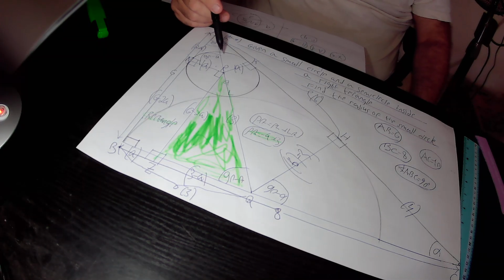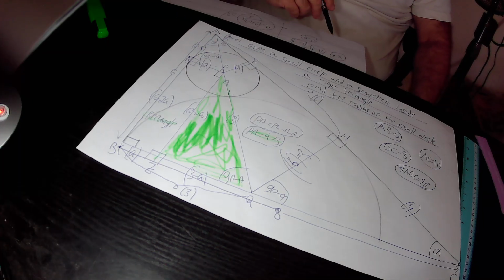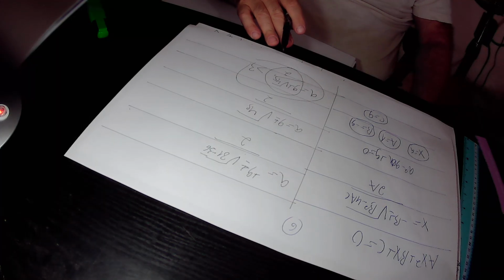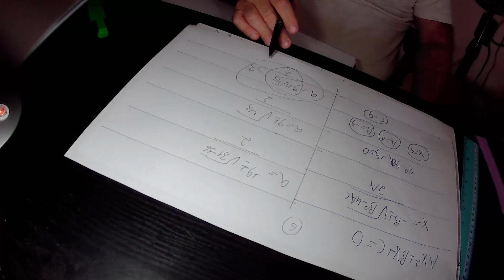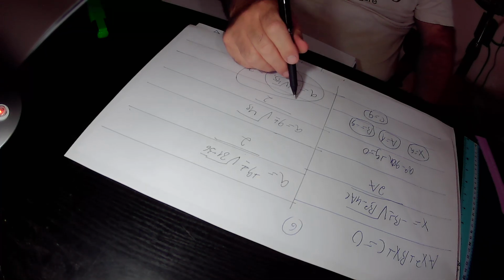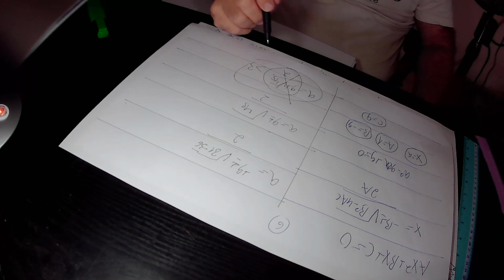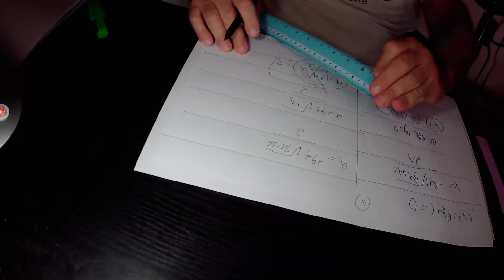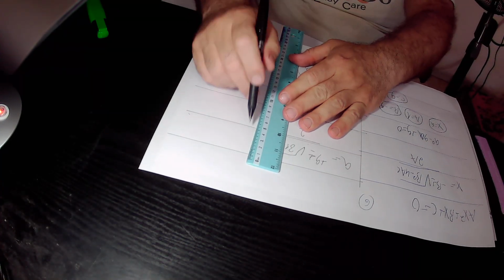That is to say, the radius of this small circle a must be less than 3 units. But according to the first solution, the radius of the small circle a is greater than 3 units. So this solution is incorrect. We cancel the solution, and we are left only with the second solution that is possible for a.